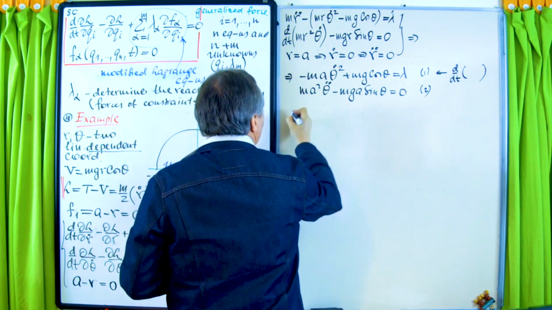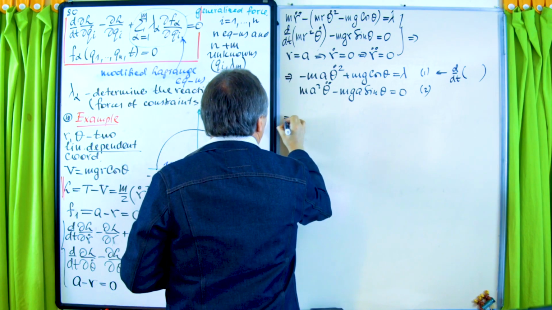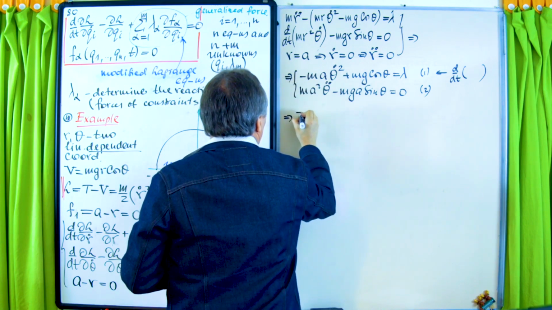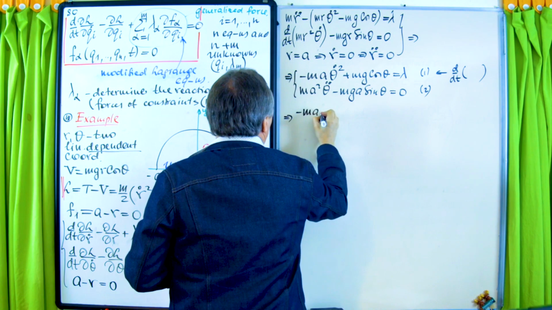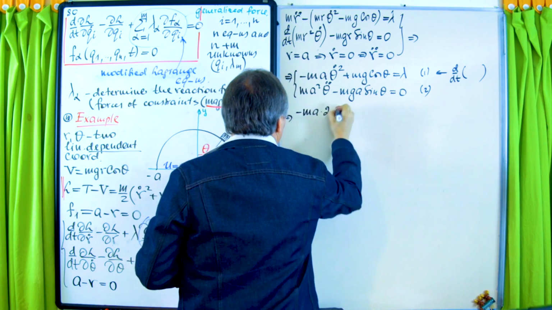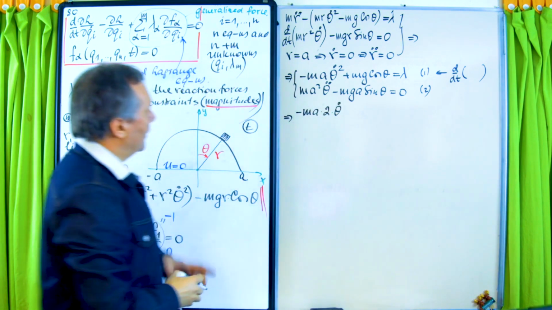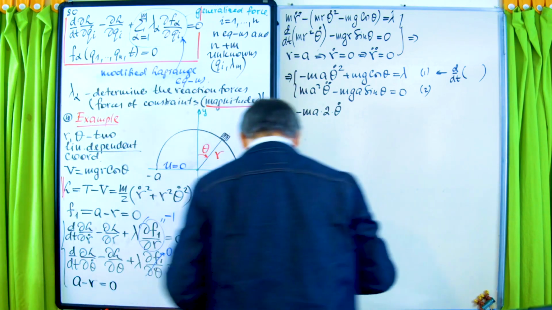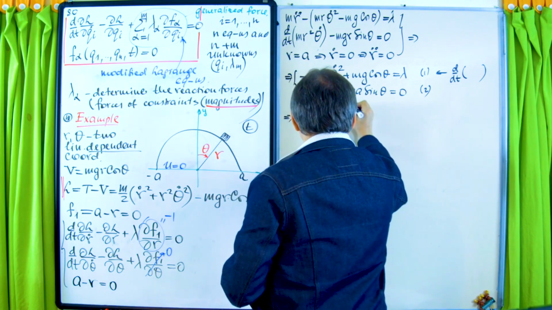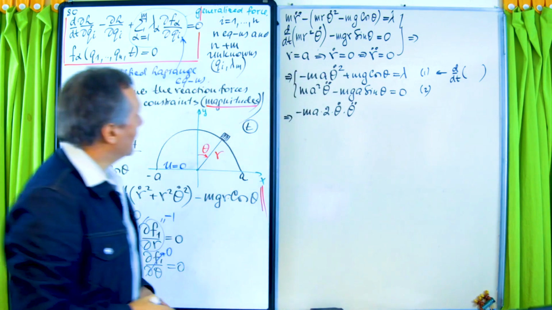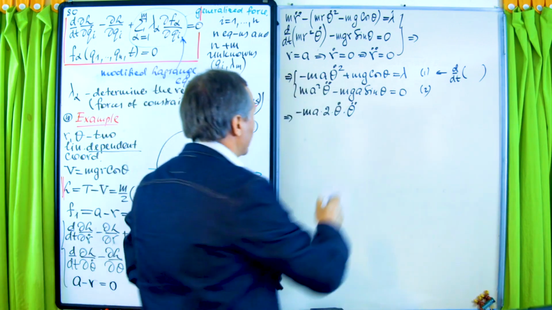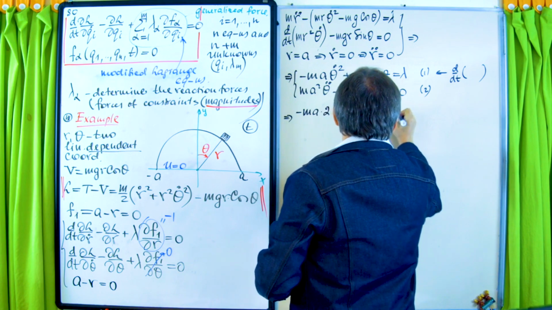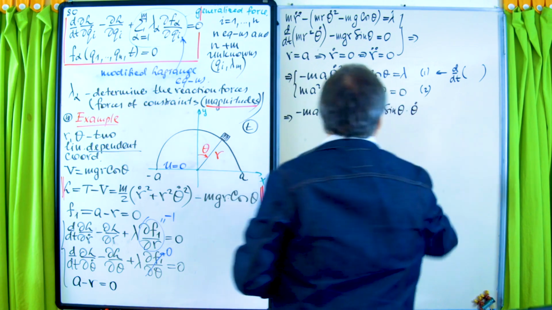As a result, we will get minus 2 m a theta dot theta double dot. That's this term. Now that term will be minus mg sine theta theta dot.